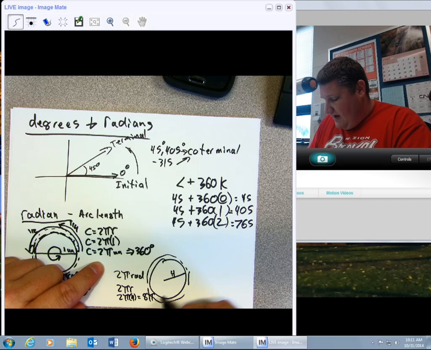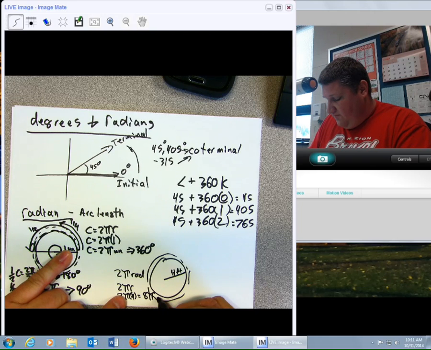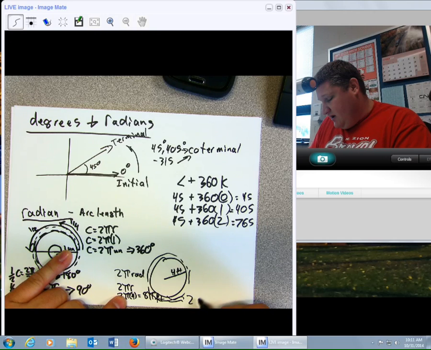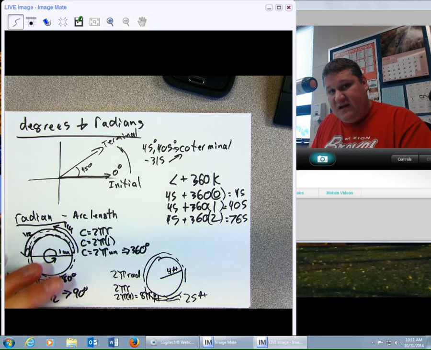That is the units. Now, in this case, radians don't have specific units. But if this is 4 feet, then it's going to be 8 pi feet, or approximately 25 feet. That would be the distance around. So that's what radians are, and that's what radians are used for.